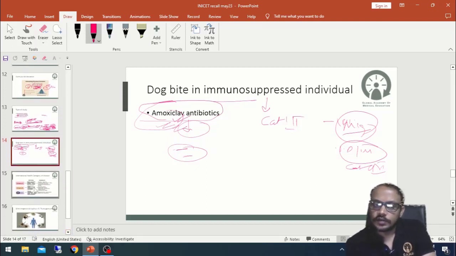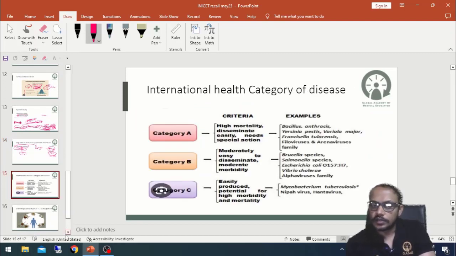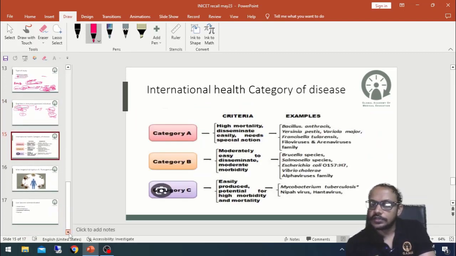Another question was related to international health, on the categories of bioterrorism diseases: category A, category B and category C. Category A: high mortality, easily disseminated disease that needs special action, for example Bacillus anthracis, Yersinia pestis, variola, Francisella tularensis, filoviruses, arenaviruses.